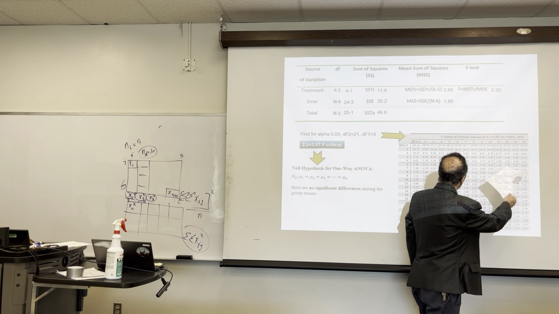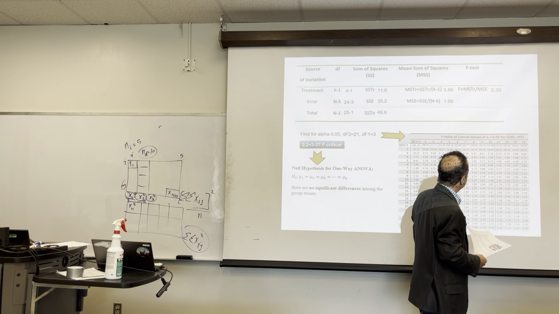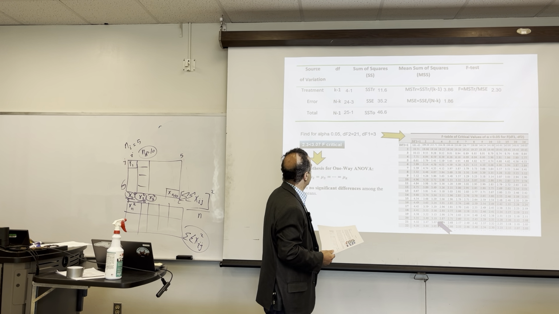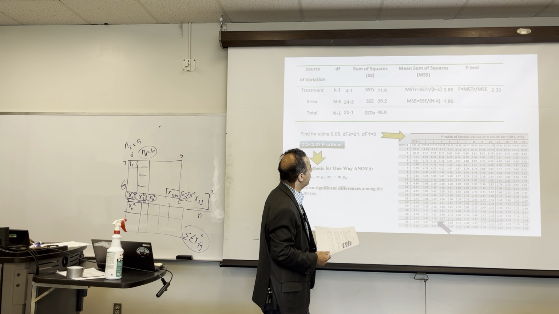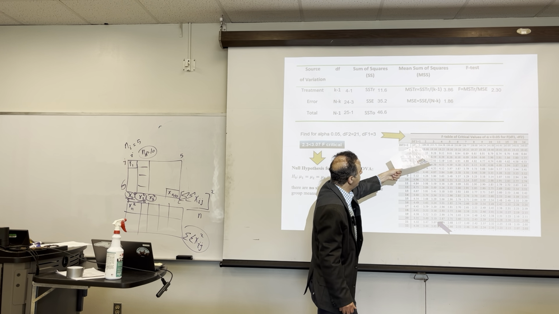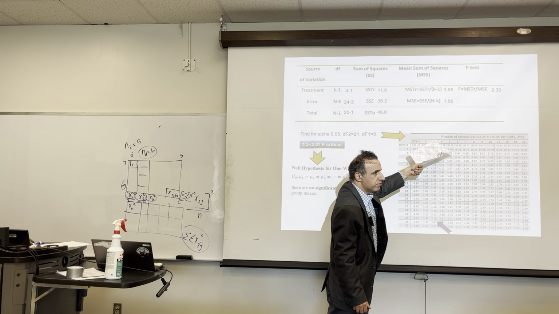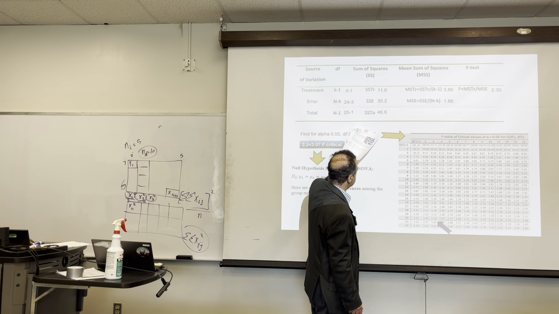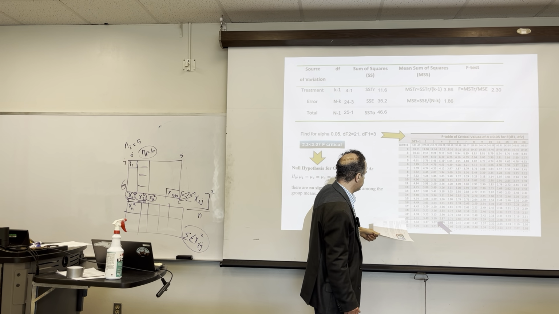Okay, because there are different types of F table based on this critical value. And then you need 2 DF, degree of freedom. Degree of freedom 1, degree of freedom 2. So degree of freedom 1 is going to be the observation. This one, right? 3. Degree of freedom 2 will be this number.